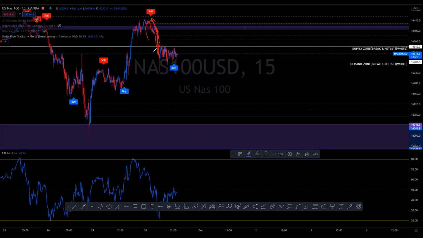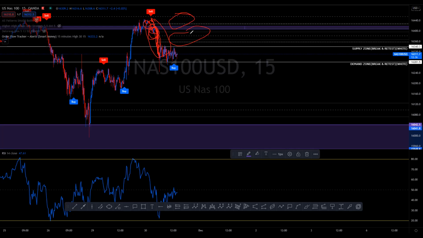Basically, when the institutions decided to sell this, it drove price down so fast that it actually left a buy order here. Even though the institutions are billions and trillions of dollars in profit off of this move, they were still trillions of billions of dollars in the negative off of this buy order that did not get properly filled. So that's why it created a lot of imbalance.